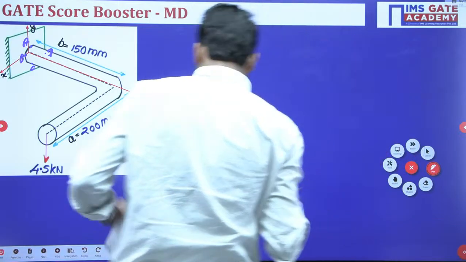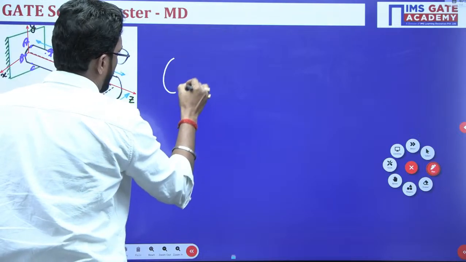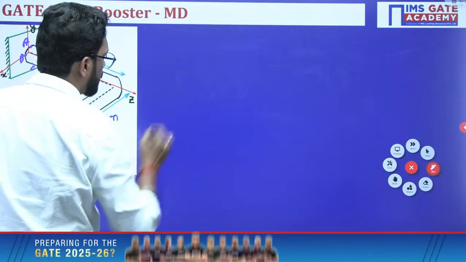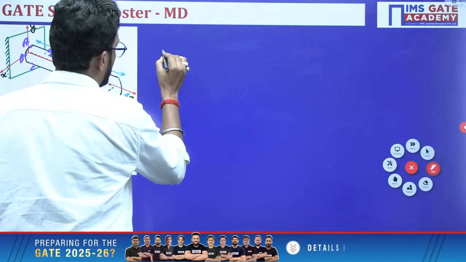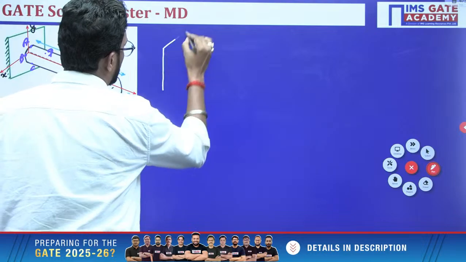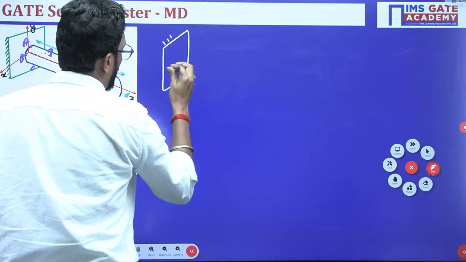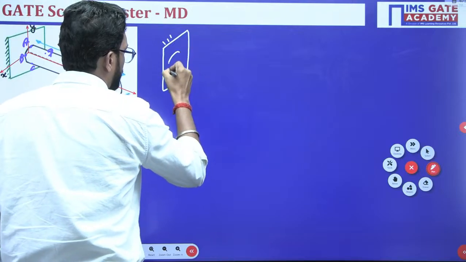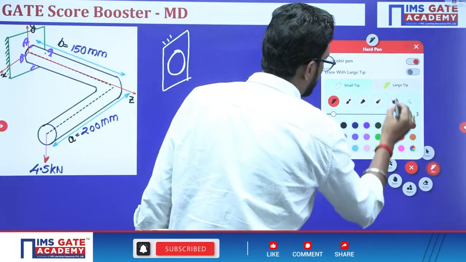Okay, so let's suppose this is your surface. Yes or not? This is your fixed surface. On this one, this is your bar at this position.